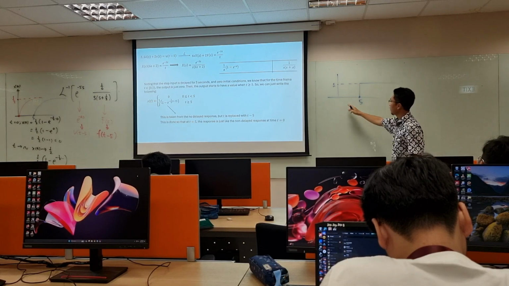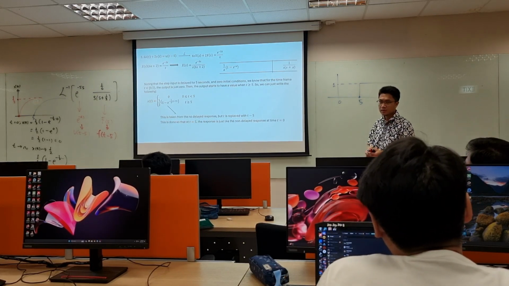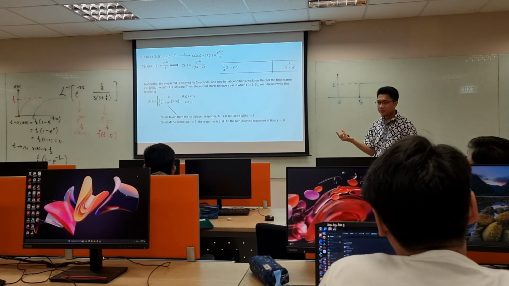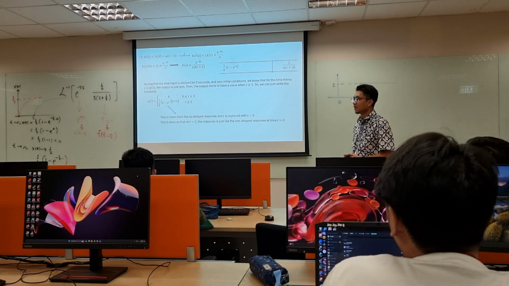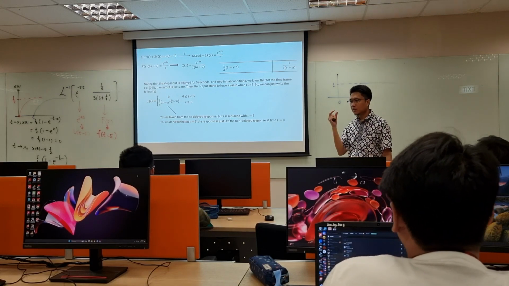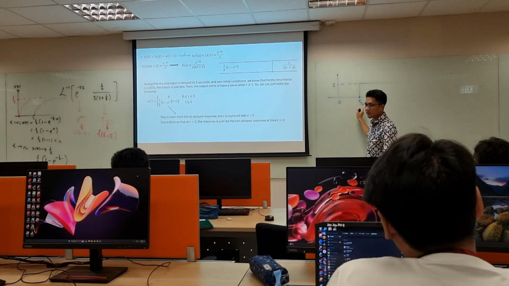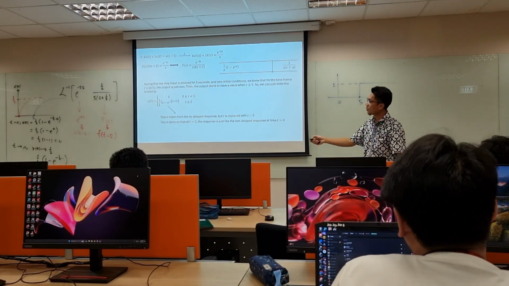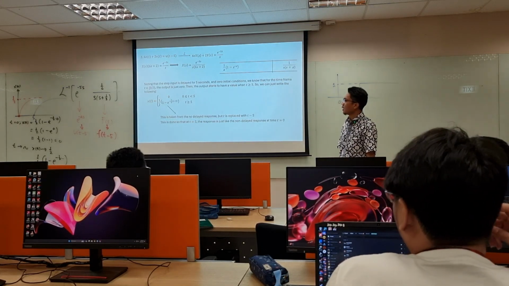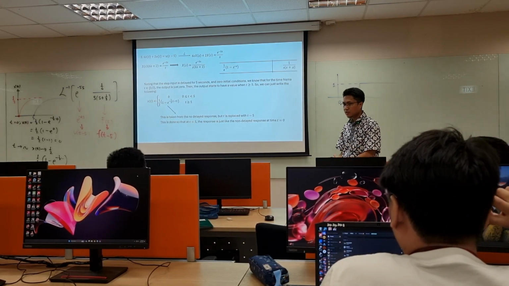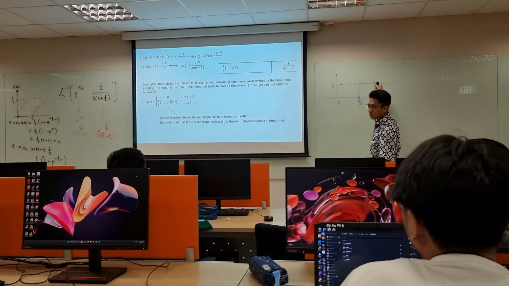So what happened from 0 to 5? Nothing happened, right? Exactly what you see in the first problem. Input is 0 within this time frame. From 0 to 5 seconds, there is no input, which is why the output is 0. And then after 5 seconds, only then you have the step input.